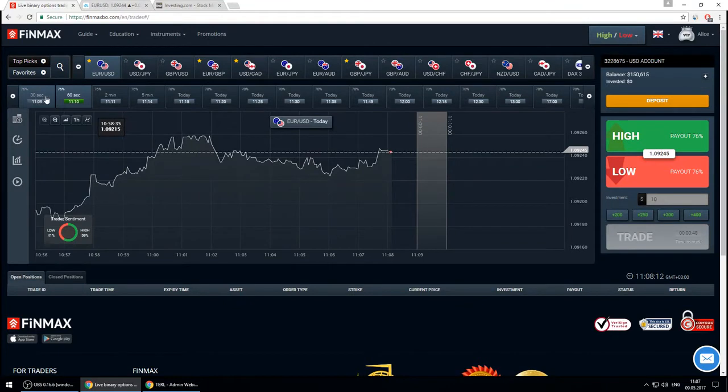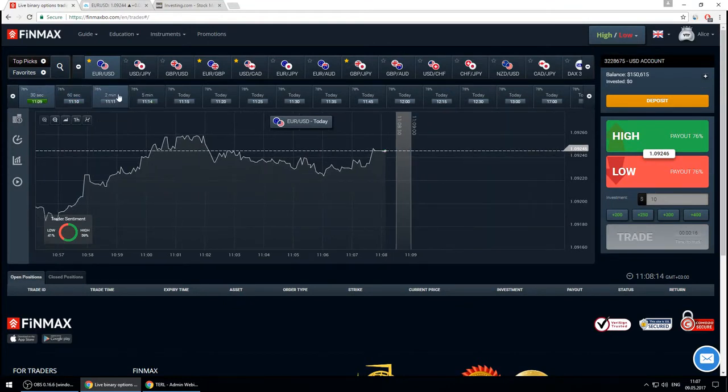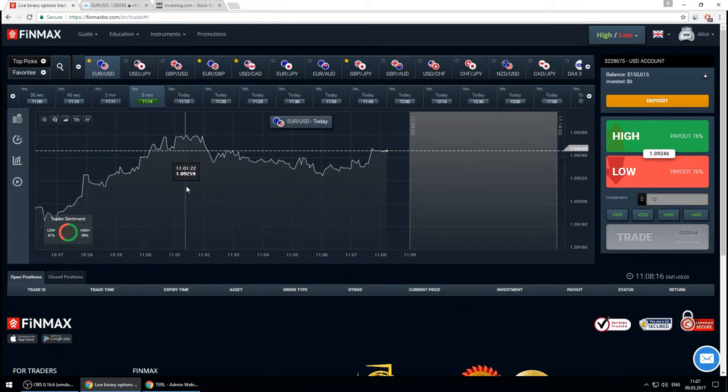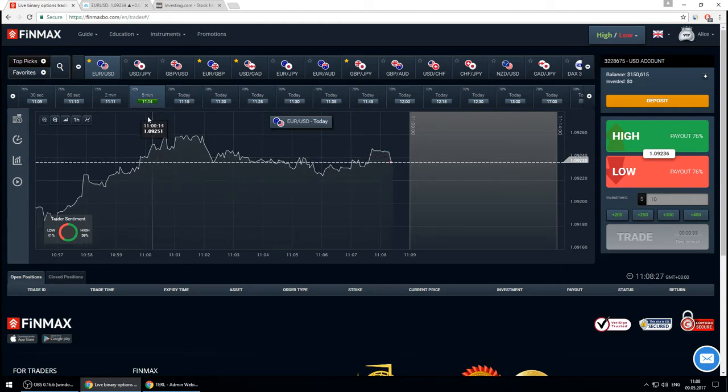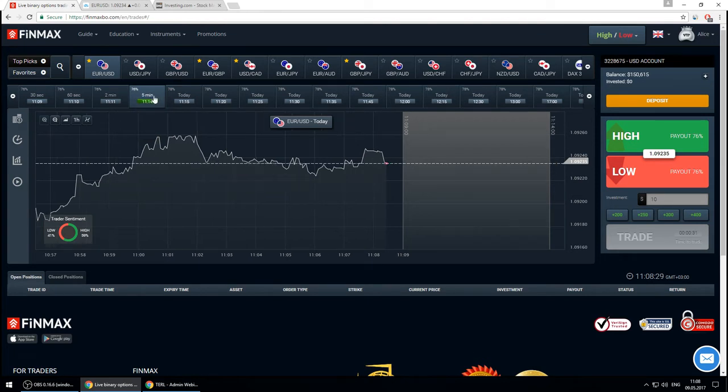So we spoke about the short period of time starting from 30 seconds up to 5 minutes. Here on the platform you see the expiry time. Please pay attention exactly to the expiry time, because sometimes if you open a trade, let's say here it's written 5 minutes, the expiry won't be straight after 5 minutes. The expiry will be at 11:14 my time. Currently I know when my trade is going to expire.